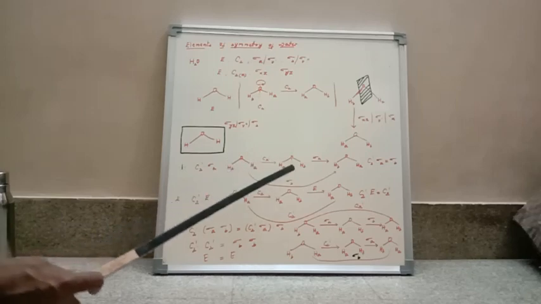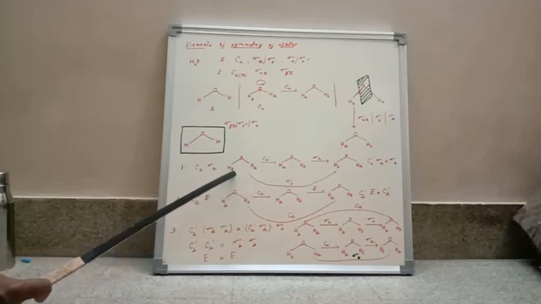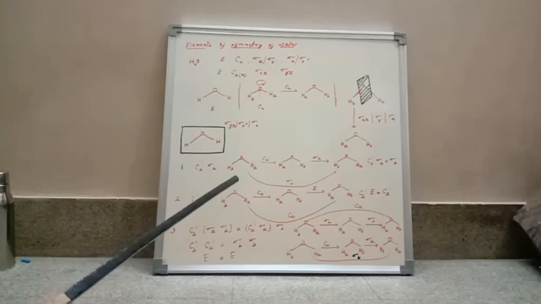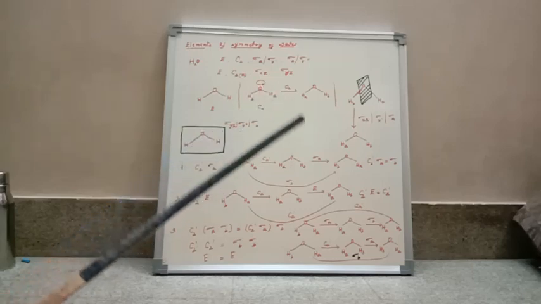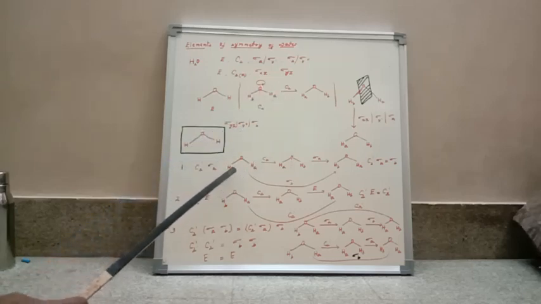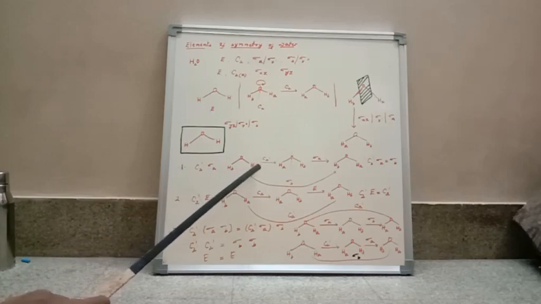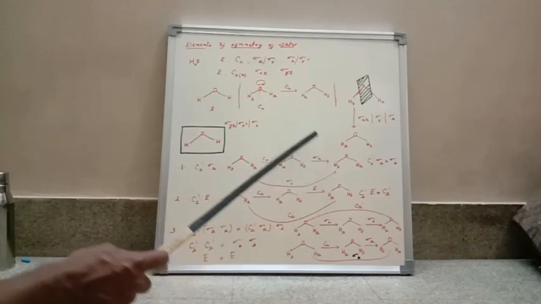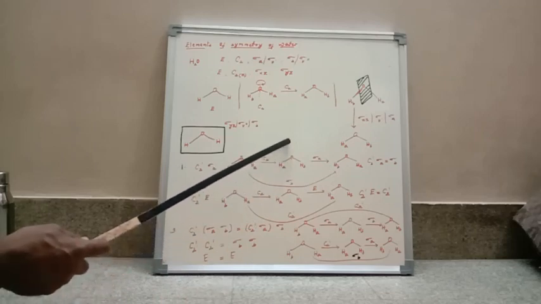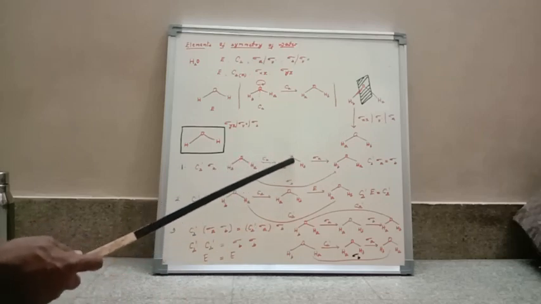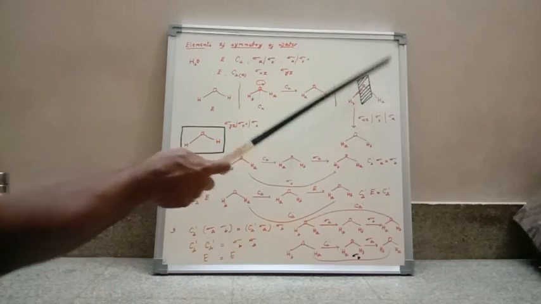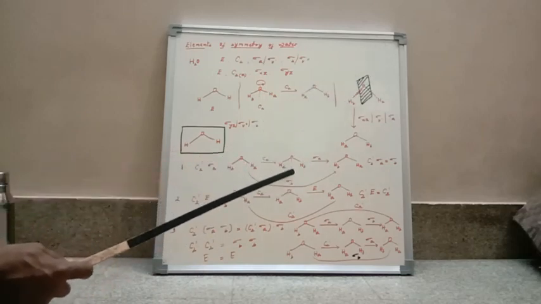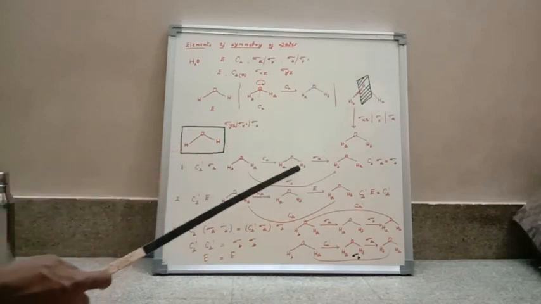When I apply C2, what happens? This HA and HB will interchange. That is, hydrogen atoms will get interchanged. Next, what will I do? I will apply the sigma A operation. When I apply the sigma A operation along the oxygen atom, I will do this operation. When I do this operation, what happens?